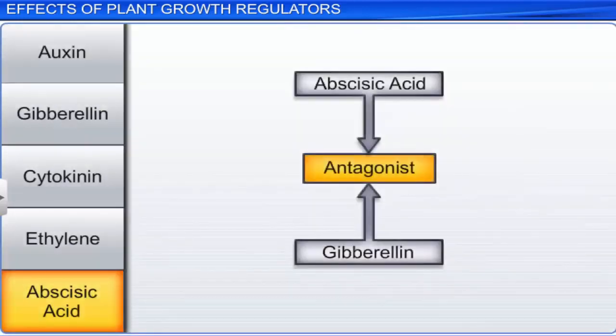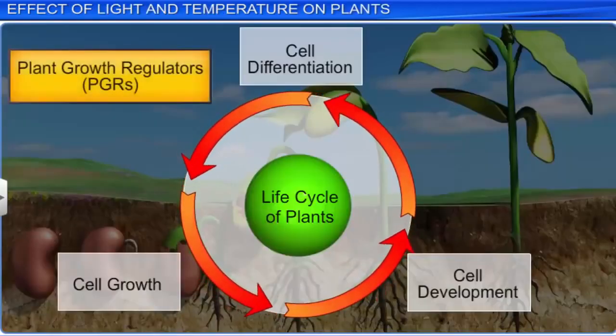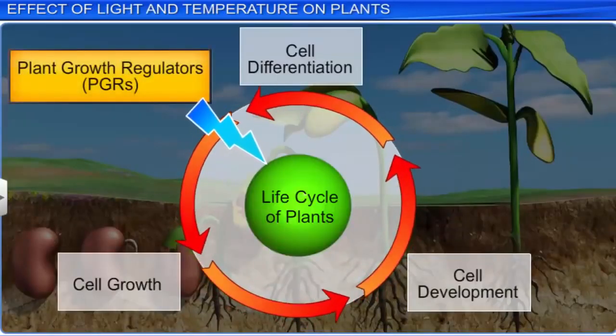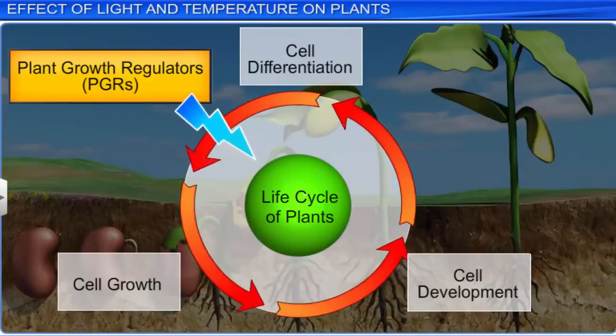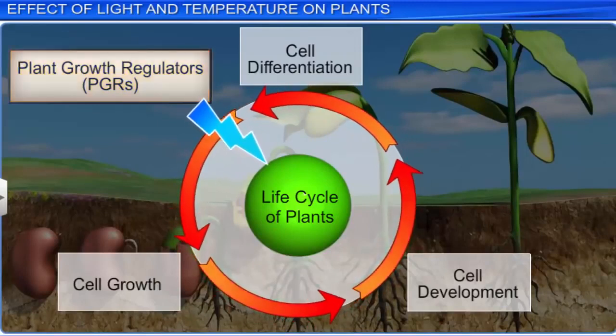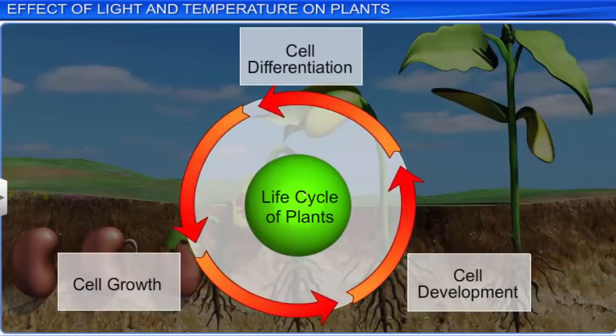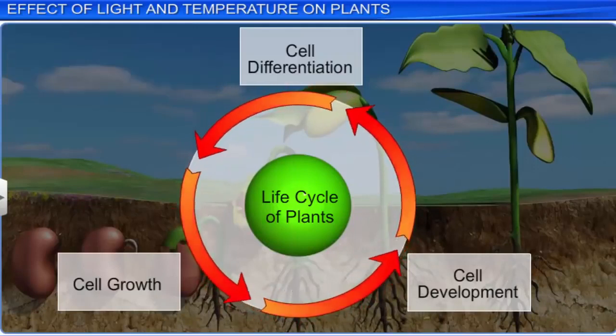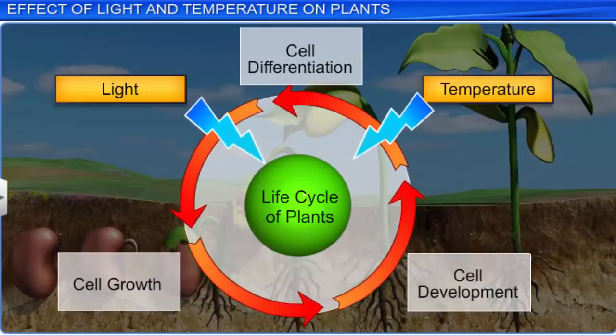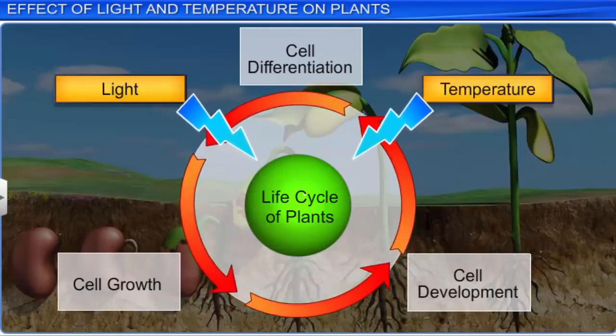In fact, the function of plant growth regulator abscisic acid is opposite to that of gibberellins. Plant growth regulators or PGRs control the growth and development of plants. In addition to PGRs, extrinsic factors such as light and temperature also influence the growth and development of plants.